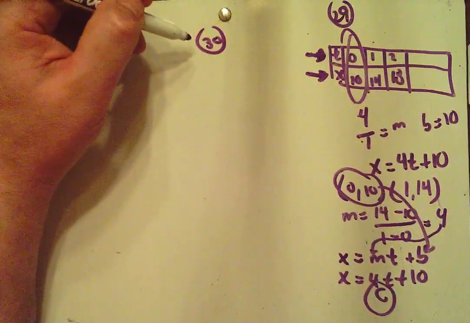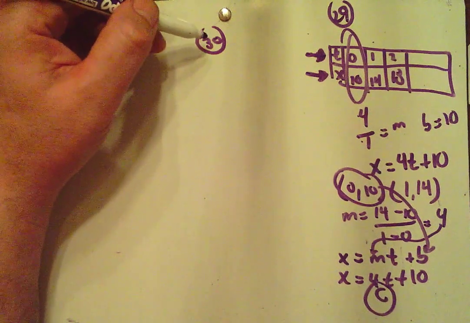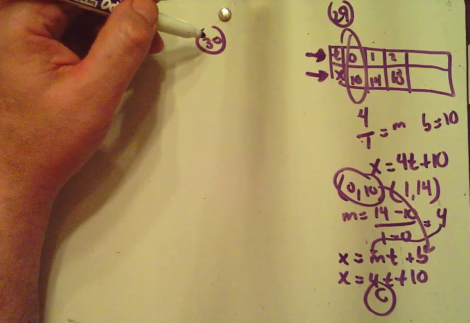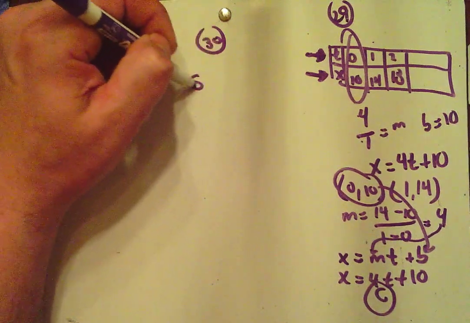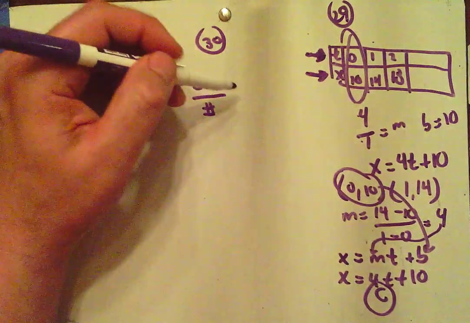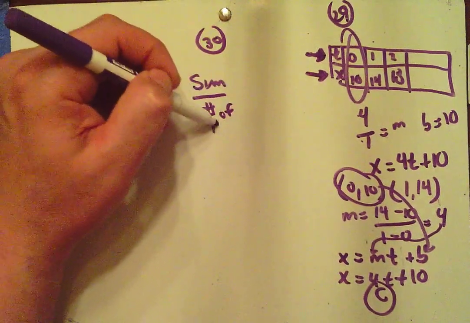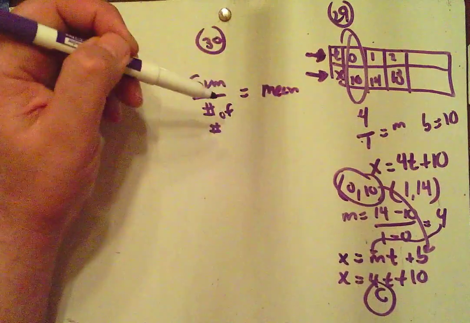30. To increase the mean of 4 numbers by 2, how much would the sum of the 4 numbers be increased? Well, remember, we're going to take the sum and divide it by the number of numbers to get our mean.